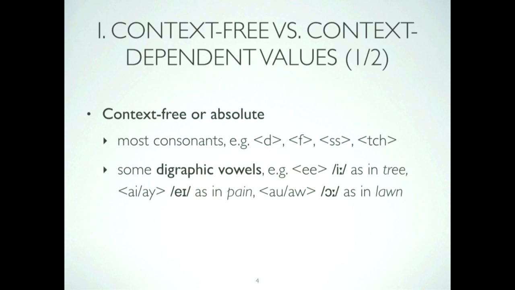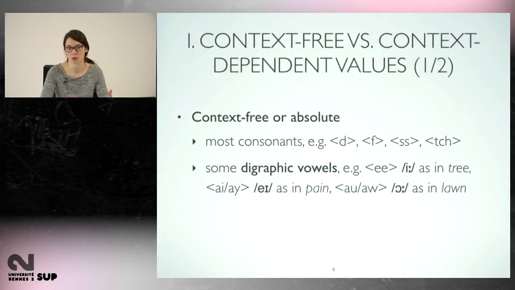Some people say most, others do not actually treat digraphic vowels as context-free units, but most digraphic vowels are actually context-free in that whatever the context of use, they will have the same basic value.